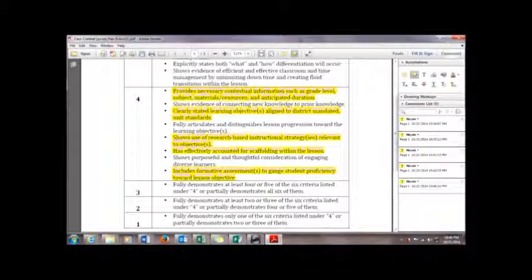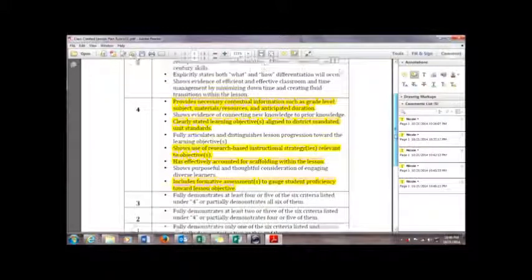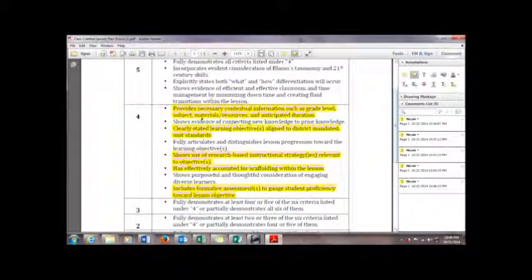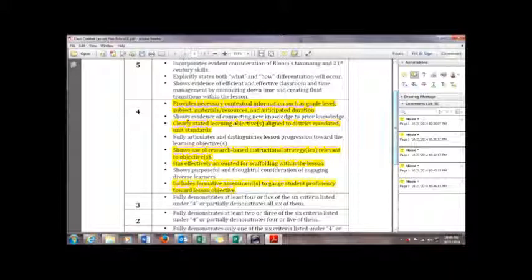Now, based on what we've just done, I don't believe that we can give them a 5 on this, solely because they only have hit 1, 2, 3, 4, 5 of the 8 points that are provided, and here below it says fully demonstrated at least 4 of the 5 of the 6 criteria listed under 4.